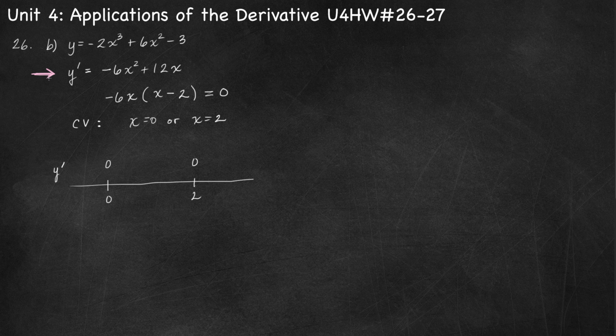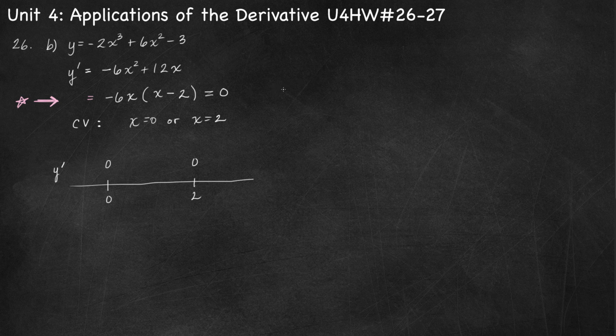Now my derivative is also here equal to negative 6x times x minus 2. So which one should I use when I'm substituting in my test point? Well, we want to use the one that's factored. It's going to be easier to substitute into the factored form of the equation because I don't really care about the magnitude of the number. I don't care what the number is. I just care if it's positive or negative.